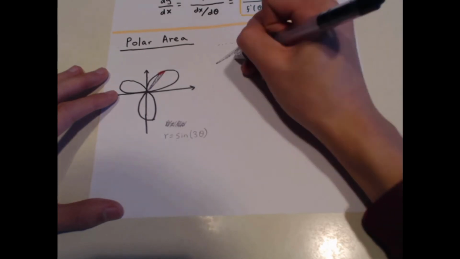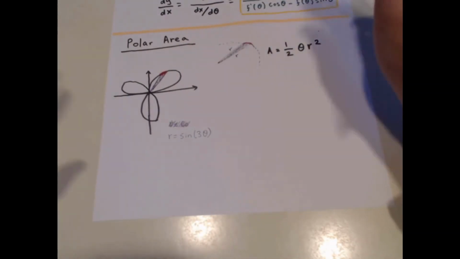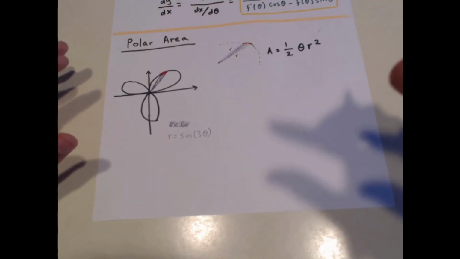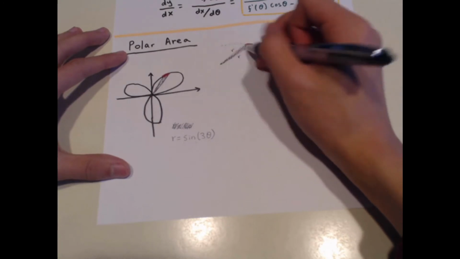And let's say the radius would be constant. Obviously, the radius is not constant here, but we're just going to ignore that because remember, we're doing it infinitely small. So what fraction is this little area here of this entire circle?